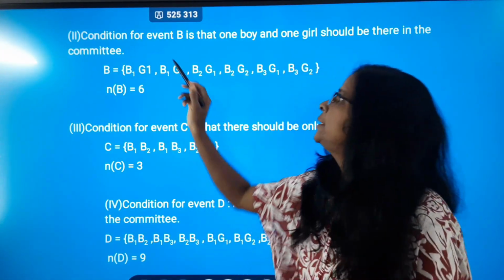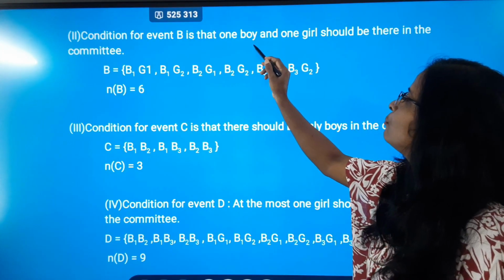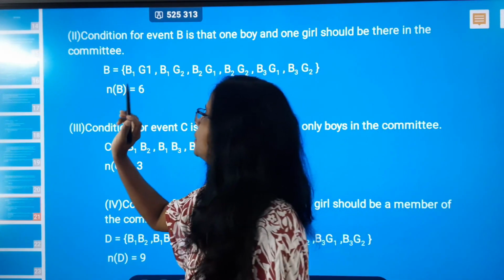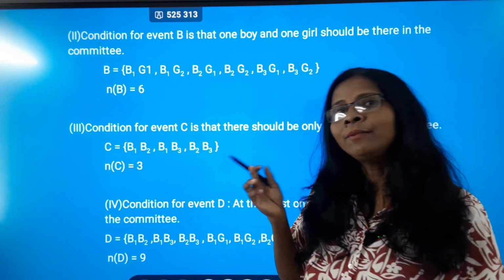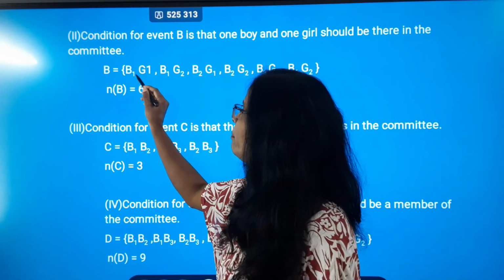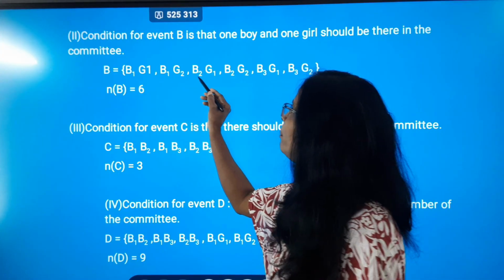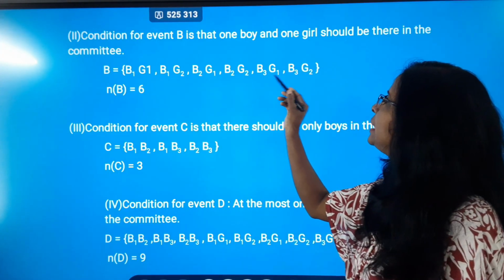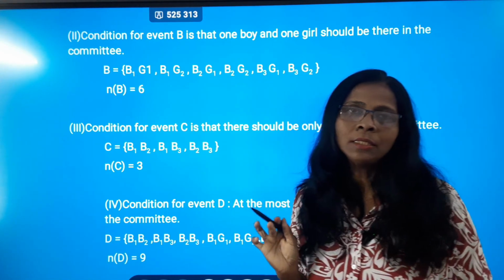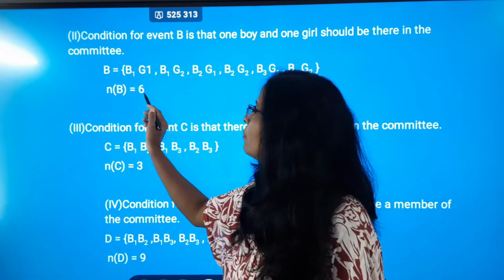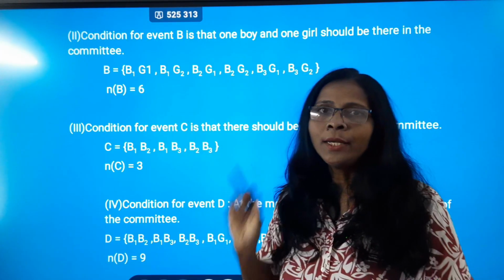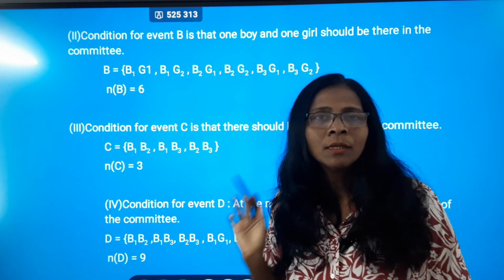The condition for event B is that one boy and one girl should be in the committee. So B is equal to {B1G1, B1G2, B2G1, B2G2, B3G1, B3G2}. Only one girl and one boy is here. So n(B) is equal to 6. See here, 1, 2, 3, 4, 5, 6.